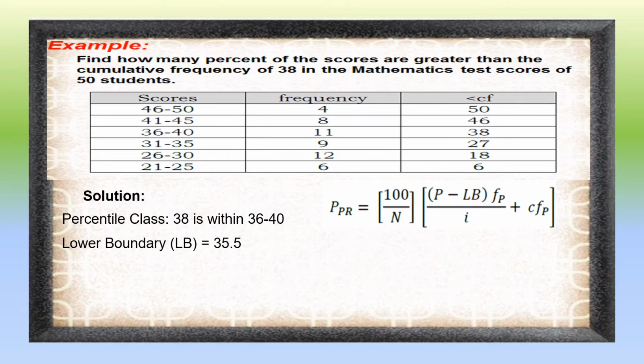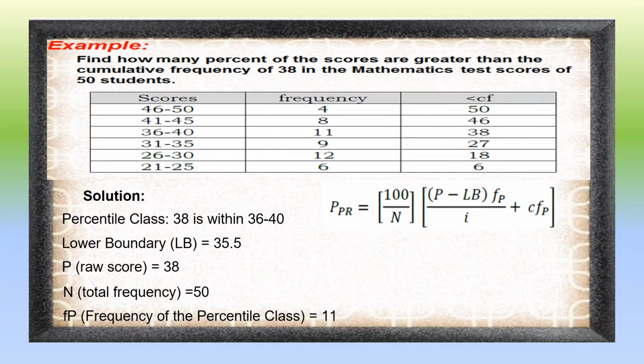Looking at that particular row of our class interval, our lower boundary is equivalent to 35.5. That is subtracting 0.5 from the lower limit of the said interval, so that is 36 minus 0.5. Next is our p, or the raw score. Given in our problem, that is equal to 38. The total number of frequency is equal to 50. And of course, our f sub p, or the frequency of the said percentile class, is equal to 11.